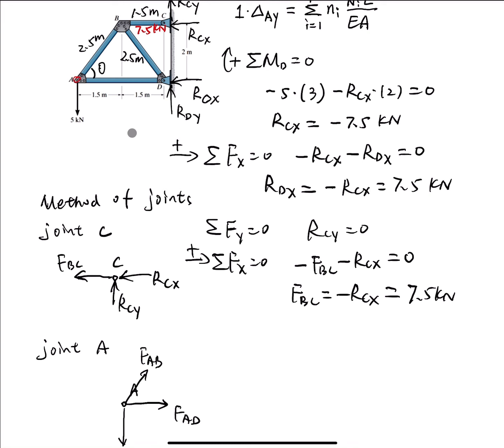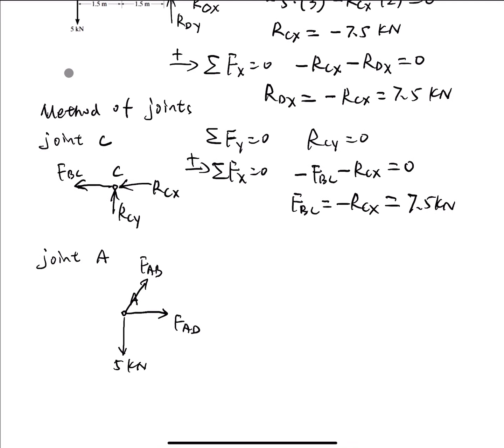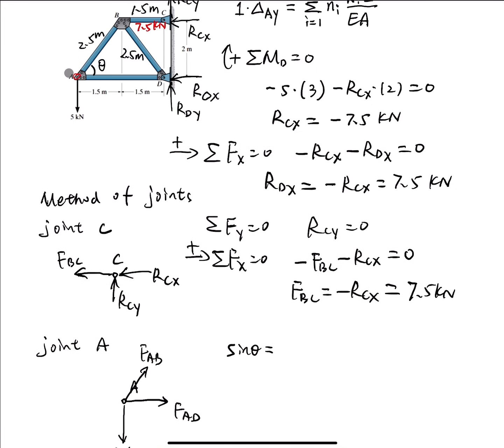So we call this theta. For this angle theta, we can find sine theta. If we see, there's a triangle over here. Sine theta is the length of this one over the length of AB.